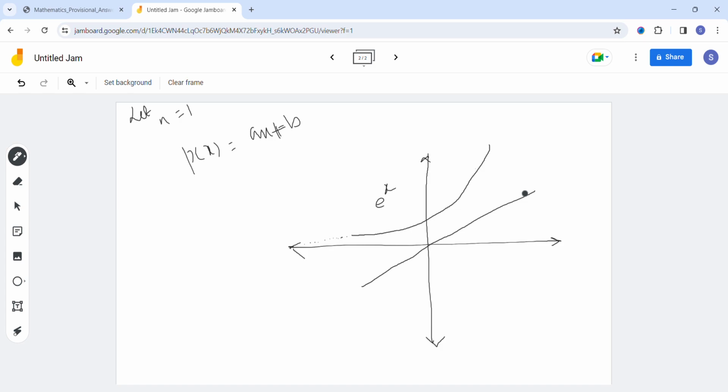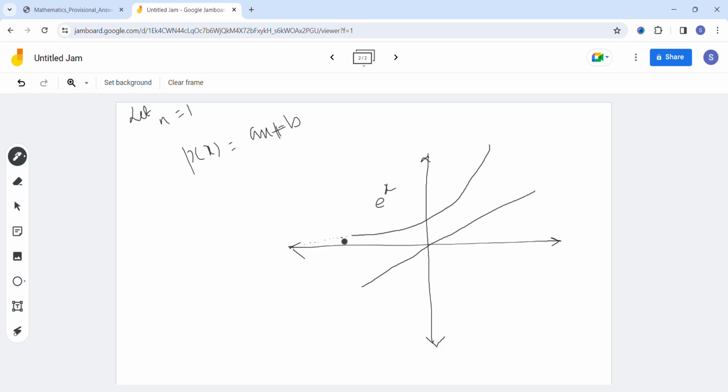In particular, if you choose the polynomial 0, then e to the x equal to 0 does not have any real solution. That means the minimum number of roots of e to the x minus this polynomial is 0.